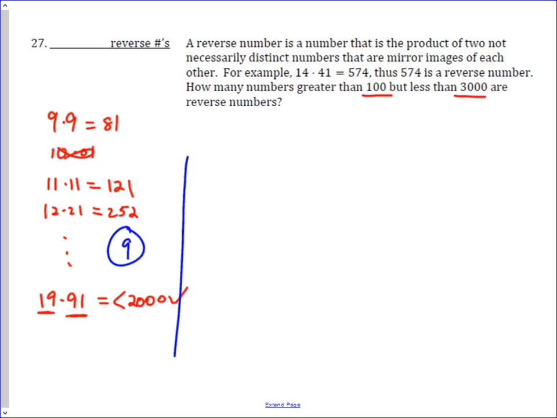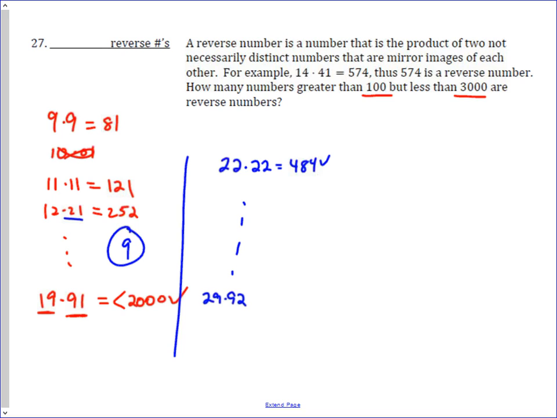Well, if I look in the 20s, first off, don't make the mistake of looking at 21, because we've already considered 21 since its mirror image is 12. So we start with 22. 22 times 22 is 484, which definitely works. So we go down and try the last one, 29 times 92.